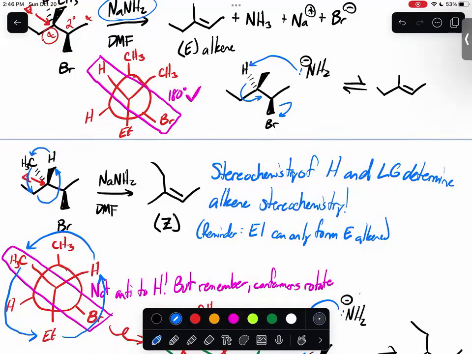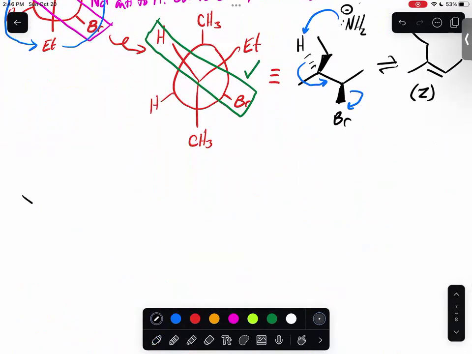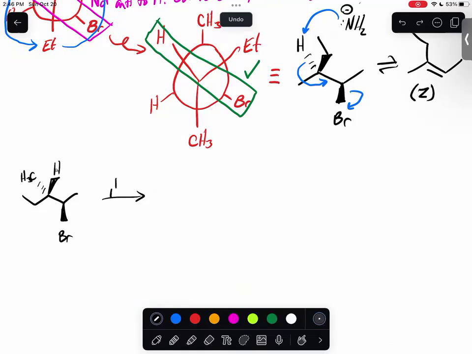All right, let's look at another one that's very similar. Let's say we take this same molecule and then we instead react it with LDA, which is this lithium attached to the nitrogen, a couple isopropyl groups.